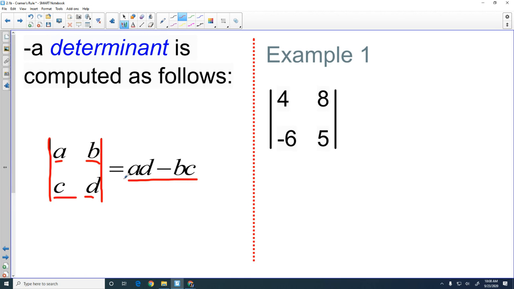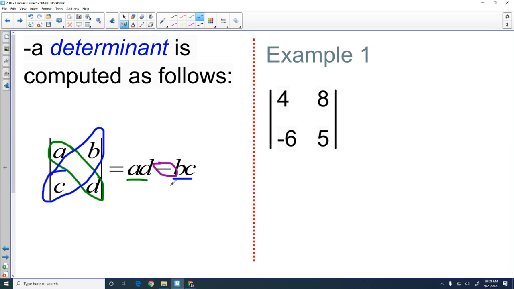You take A times D, which is the first diagonal, and you multiply those numbers together. Then you subtract, make sure you use subtraction, that opposite diagonal: C times B, or B times C, you'll get the same answer, since in multiplication the order doesn't matter.